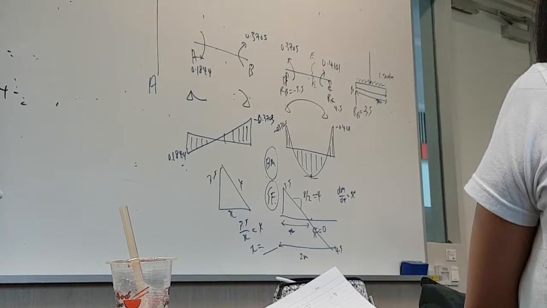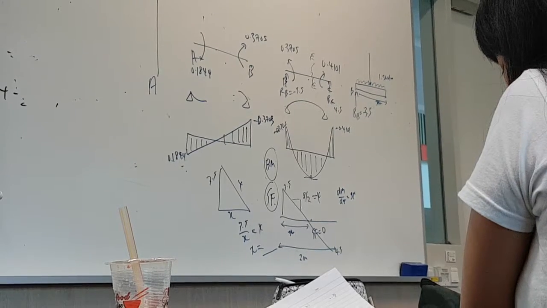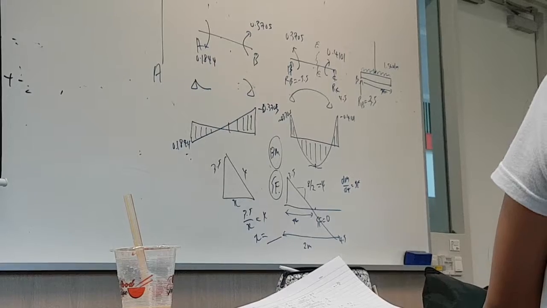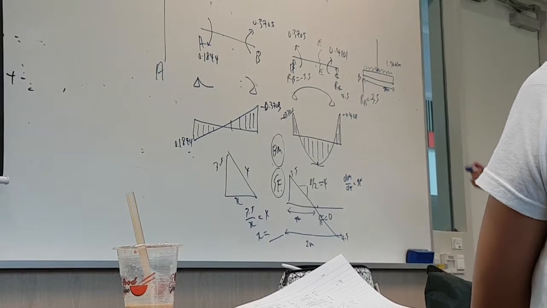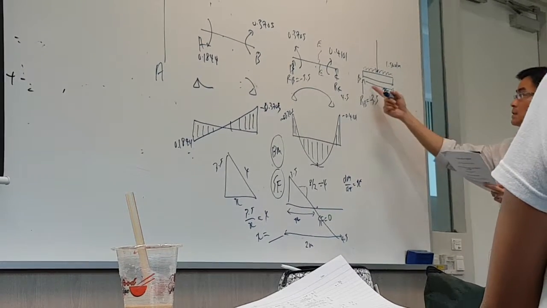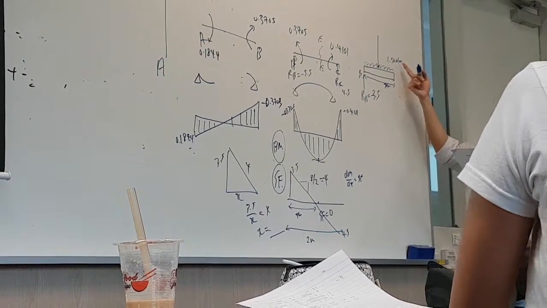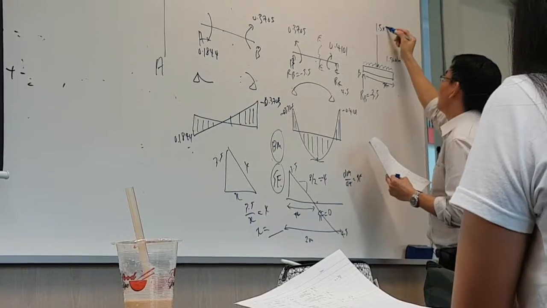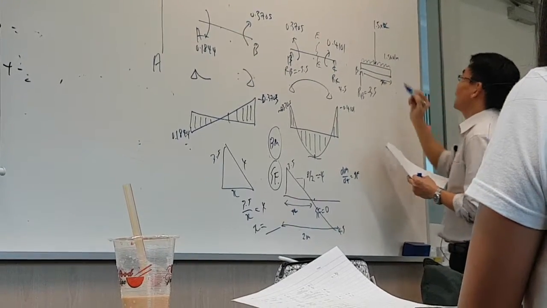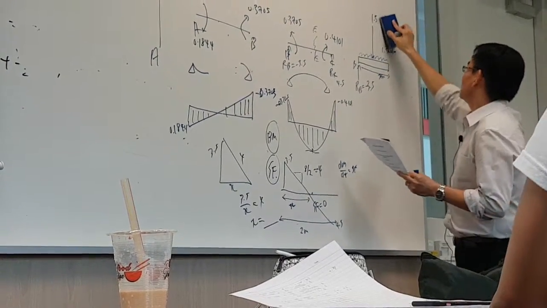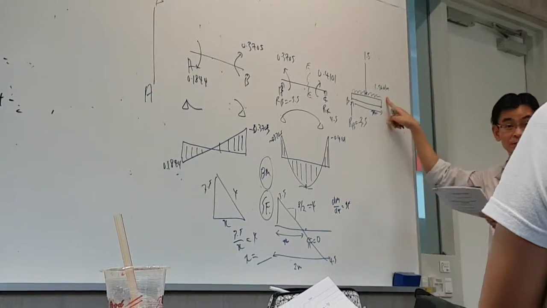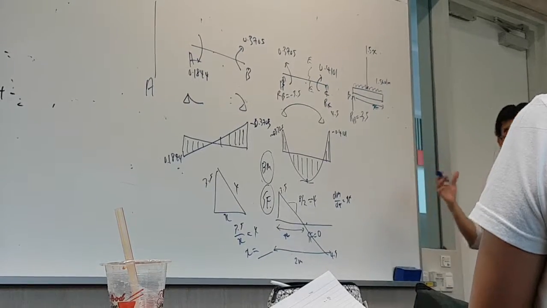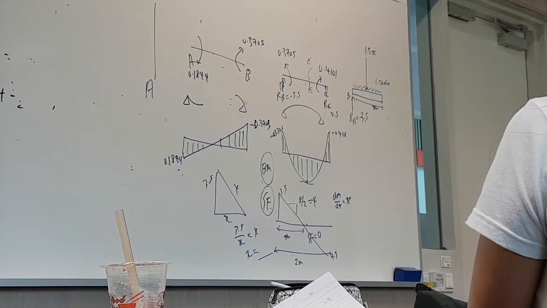It's just x. Because this is the distance x and this is 1.5 kilonewton per meter, this force will just be 1.5 multiplied by x. That is the point load that you replace.